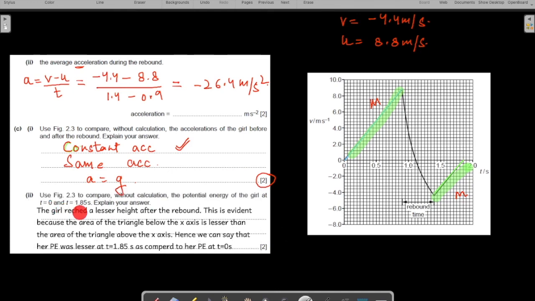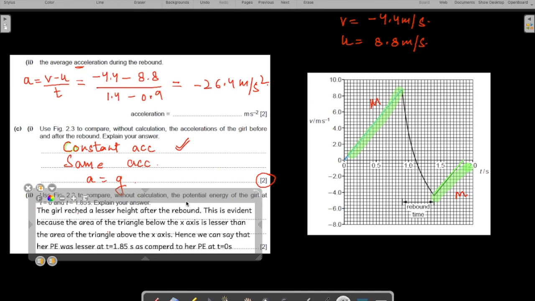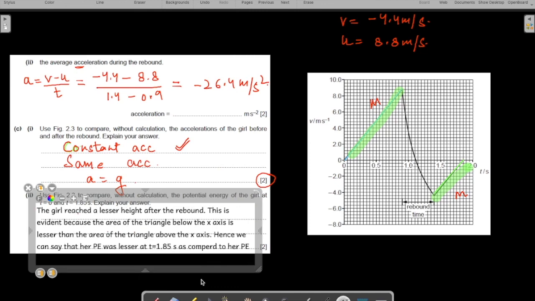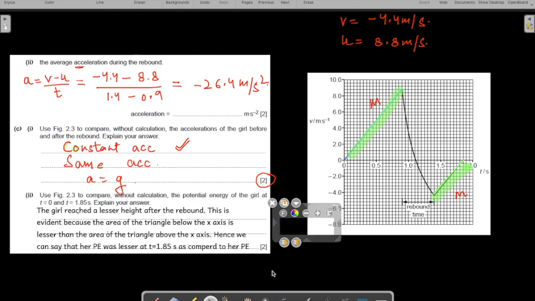The girl reached a lesser height after the rebound. This is evident because the area of the triangle below the x-axis is lesser than the area of the triangle above. The area of the triangle represents the distance moved.